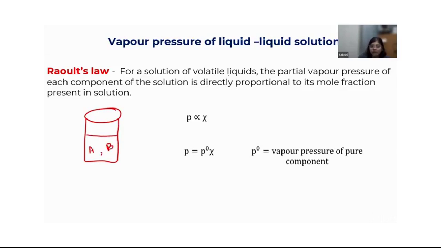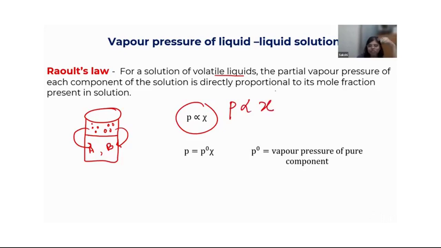For a solution of volatile liquids, the partial pressure of each component, that means the pressure exerted by the particles of A here, is directly proportional to its mole fraction in the solution. Similarly for B, the partial vapor pressure of liquid B is directly proportional to its mole fraction in the solution. I hope you know what mole fraction is. So partial vapor pressure is directly proportional to the mole fraction.